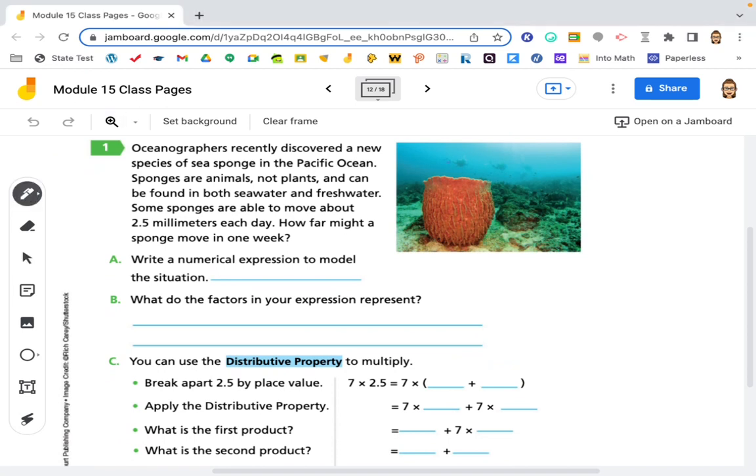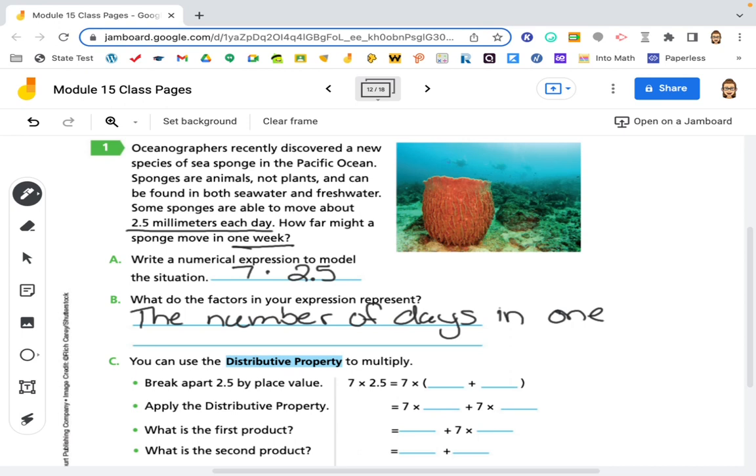So we know that it is 2 5/10 millimeters each day. We want to know 1 week. There are 7 days. So we're going to do 7 times 2 5/10. What do the factors in your expression represent? Well, the 7 is the number of days in 1 week.